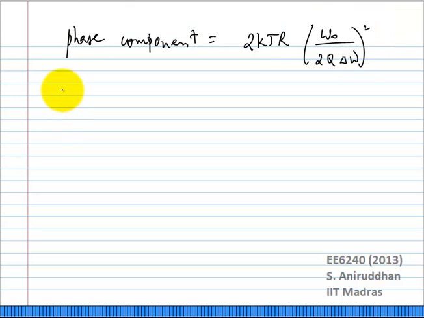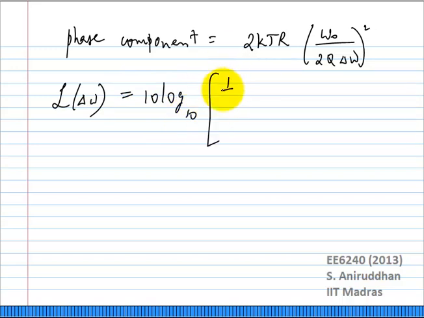So now I can write L of delta omega, which is the phase noise at an angular delta omega offset, as 10 log to base 10 of 2kTR, this expression by, what do I put here in the denominator?